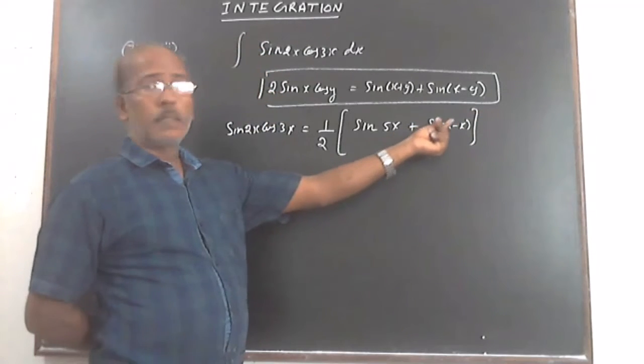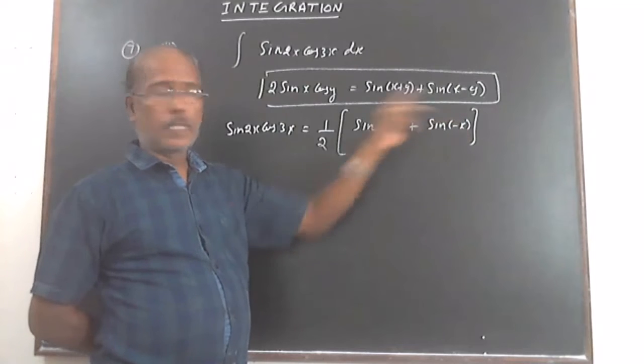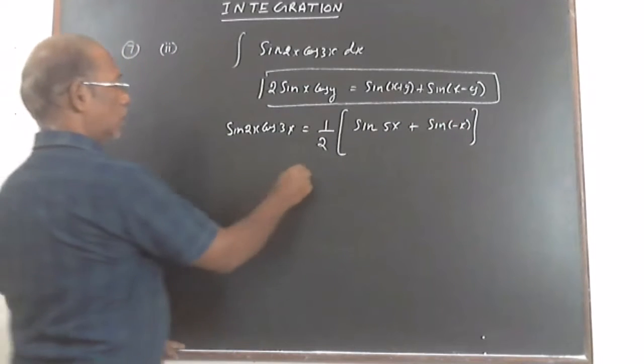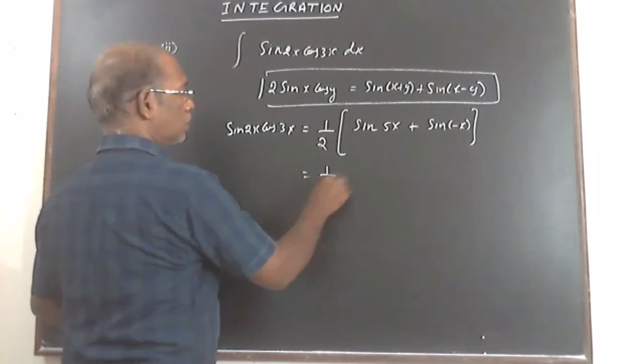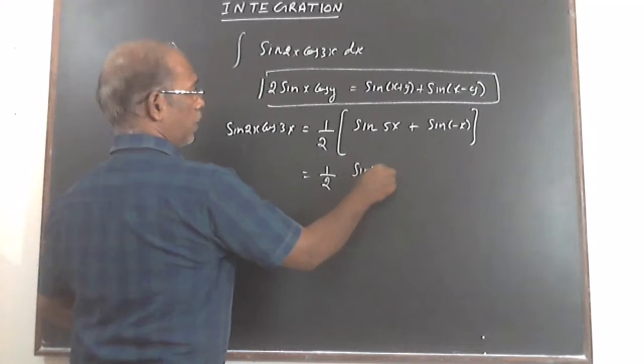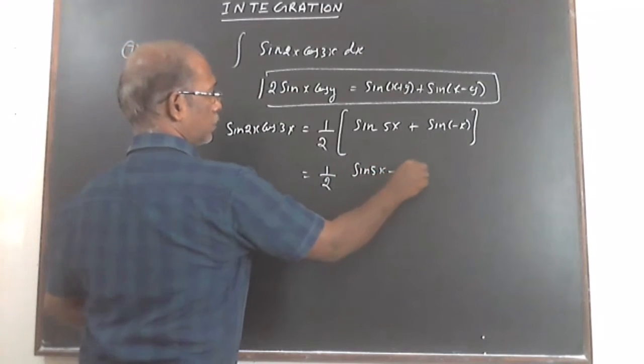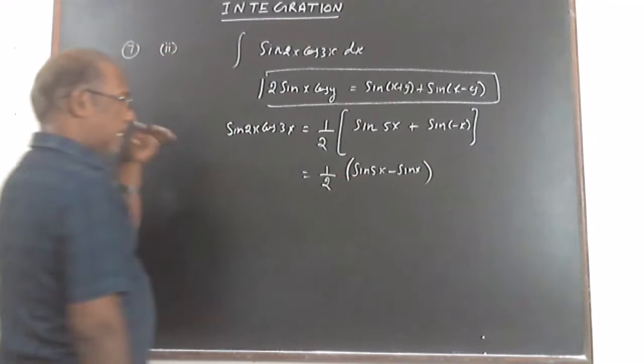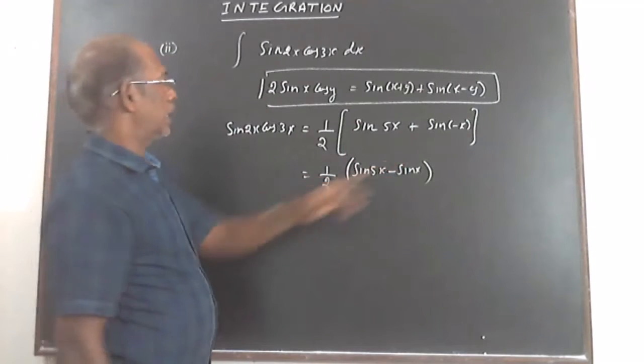We know that sin of minus x equals minus sin x. Now this is 1 by 2 (sin 5x minus sin x).